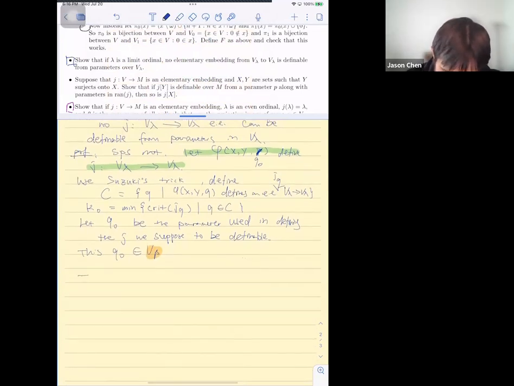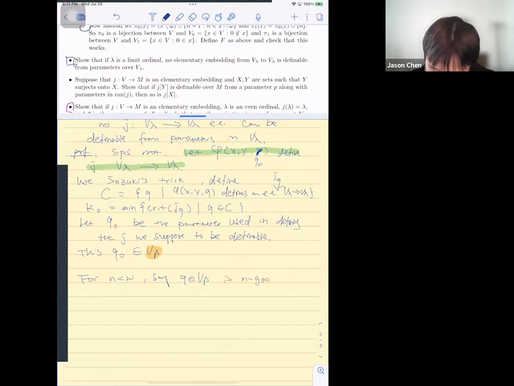What I want to do now is pinpoint the property that this Q0 has that's going to be preserved by elementary embeddings. So for n less than omega, for any natural number, we say Q in V beta is n-good. I'm only looking at parameters in V beta now.